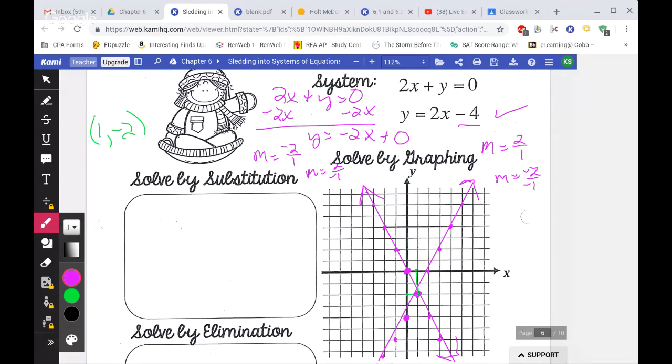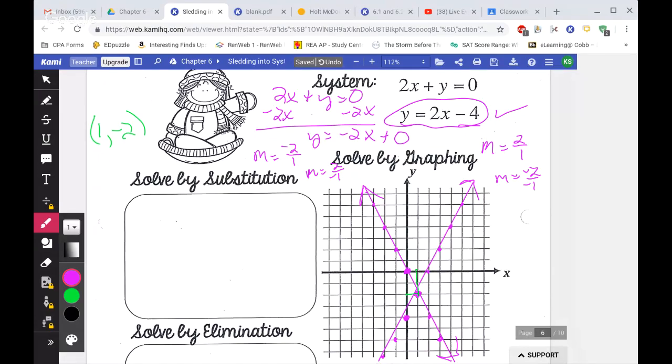Okay, substitution. One of them already has an isolated variable. Remember with substitution, you want to isolate a variable on one side so you can get an expression. It doesn't matter whether it's x or y, you just want to make sure that there's one variable on the left and the rest of the equation is on the right.